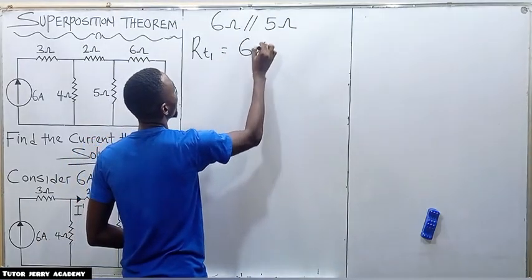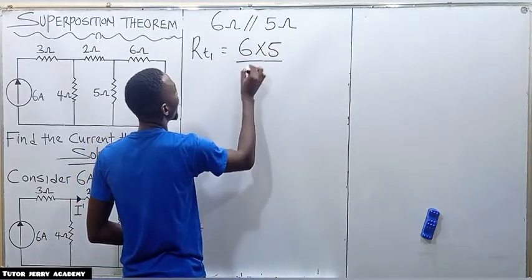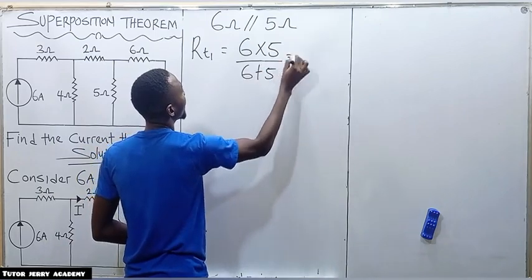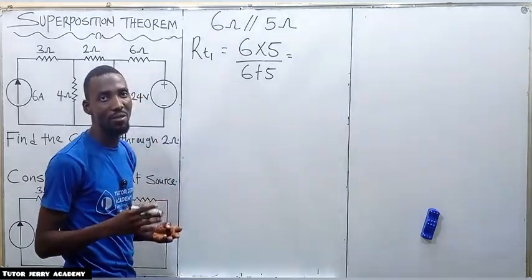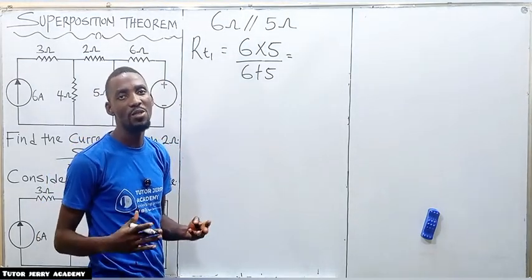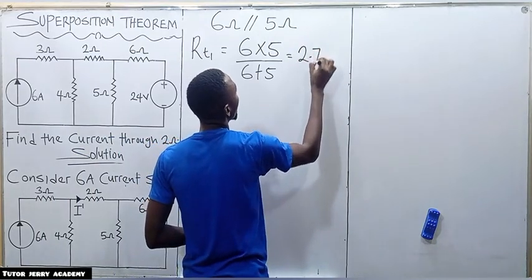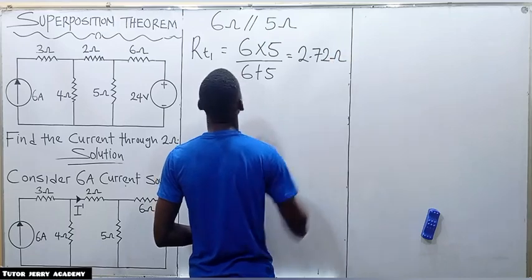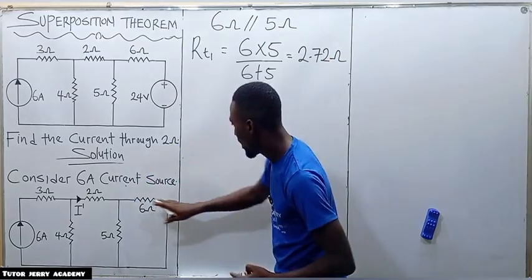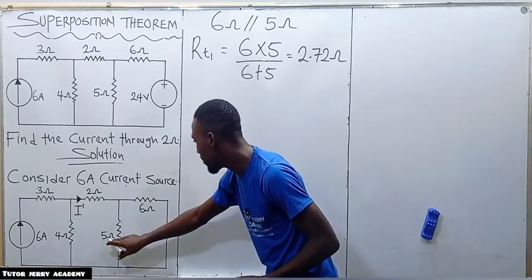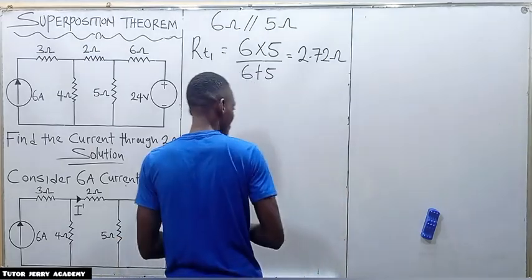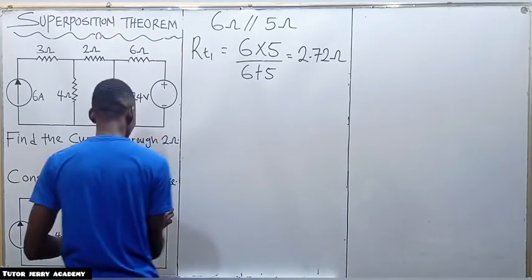So 6 multiplied by 5 all over 6 plus 5. That is 30 divided by 11, which is 2.72 ohms. Now we can replace this 5 ohms with 2.72 ohms.